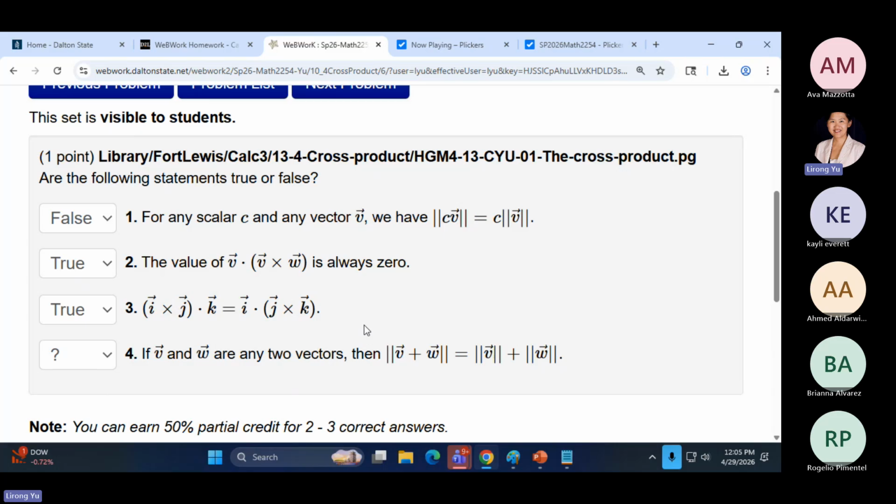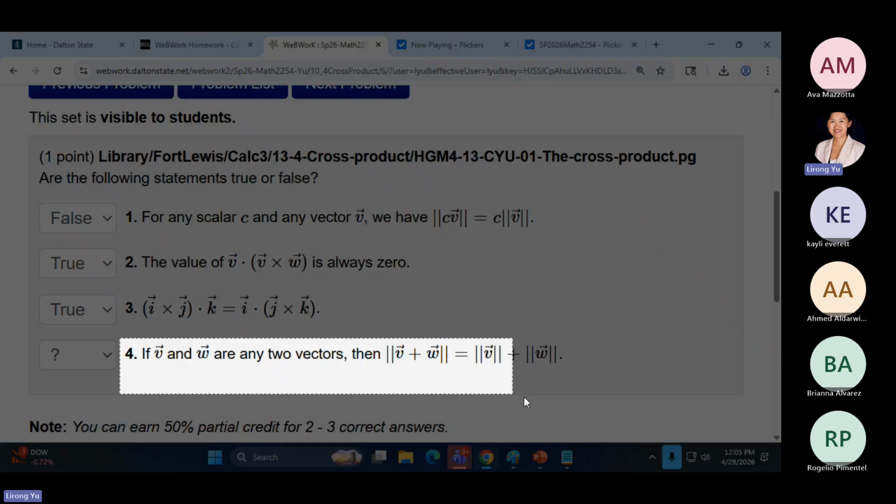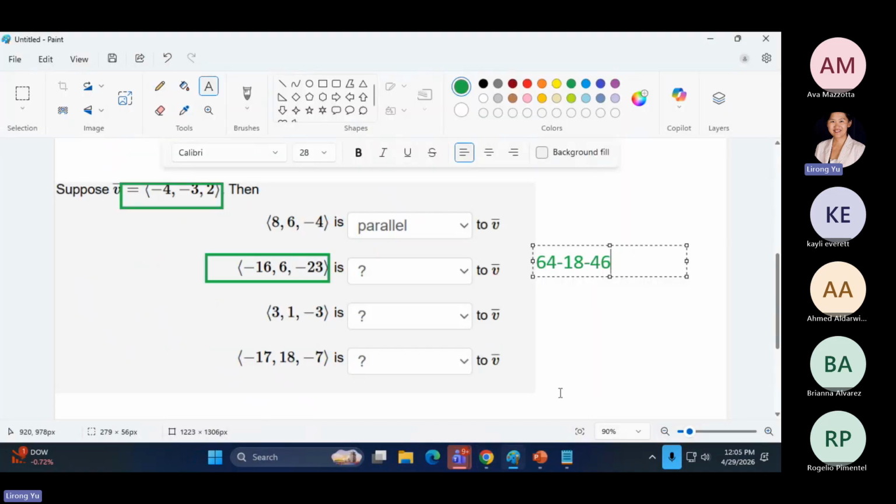Number 4, true or false? The length of V plus the length of W equals the magnitude of V plus W. Are they equal? I'd say no, they're not. The magnitude of a vector is the length of the vector.